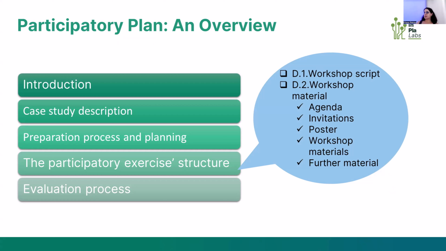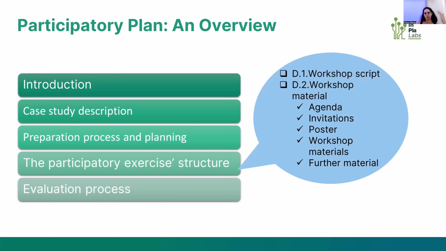Then we need a brief discussion of the case study, because it will also help us as facilitators to understand that, okay, this is the municipality we're working in, this is the school, that we have so many students, and so on. You document all the steps that we discussed, the preparation of the process and the planning step by step.